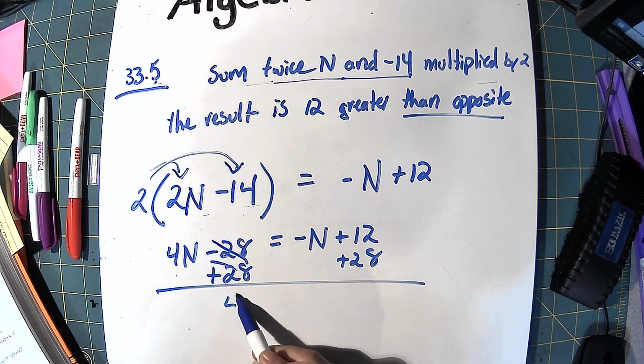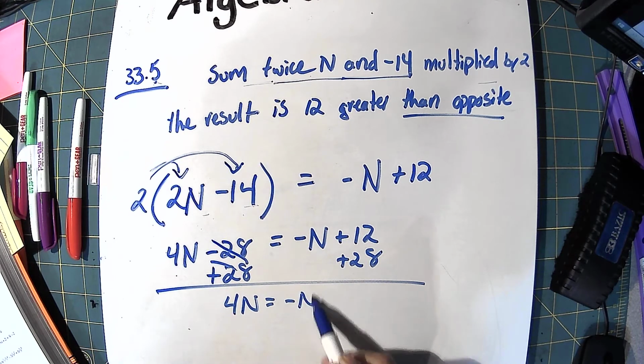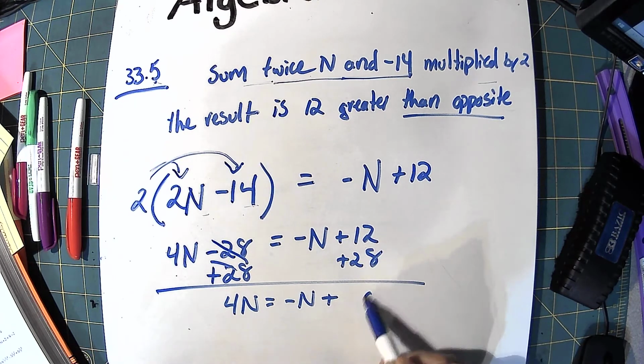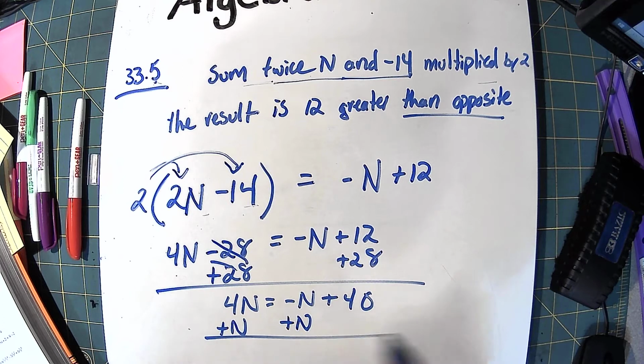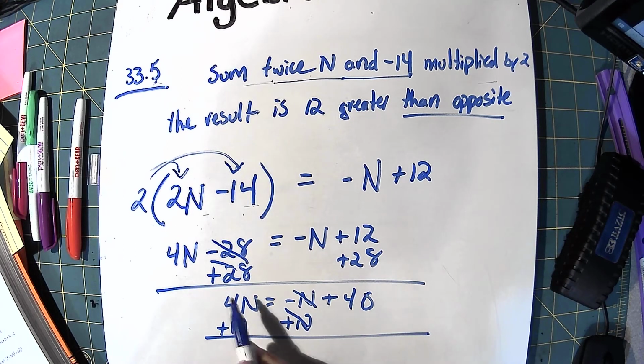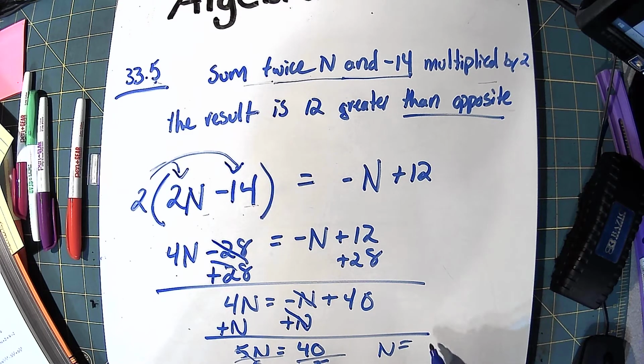And we're going to get 4n equals negative n plus 40. And then we're going to do plus n. And we're going to get 5n equals 40. And then that would be divided by 5. And we get n equals 8, since 8 times 5 is 40.